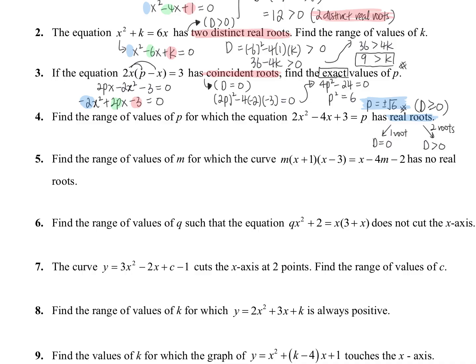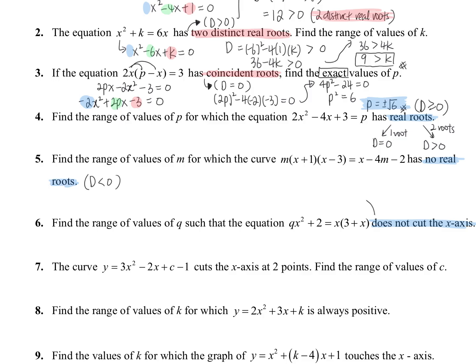So take note of the keywords. No real roots means what? D smaller than 0. Okay, write in all these hints they give you. Next one is does not cut the x-axis. What does it mean? When will a graph not cut the x-axis?